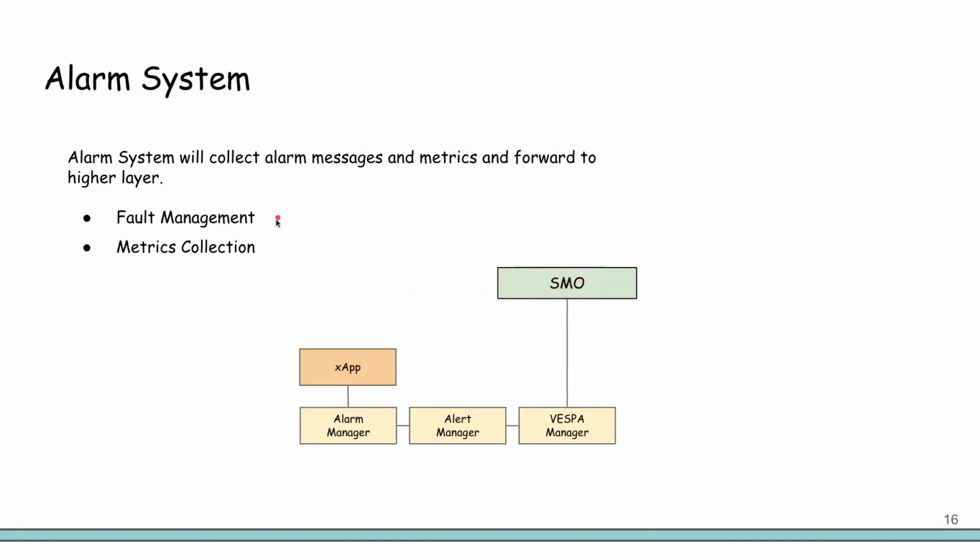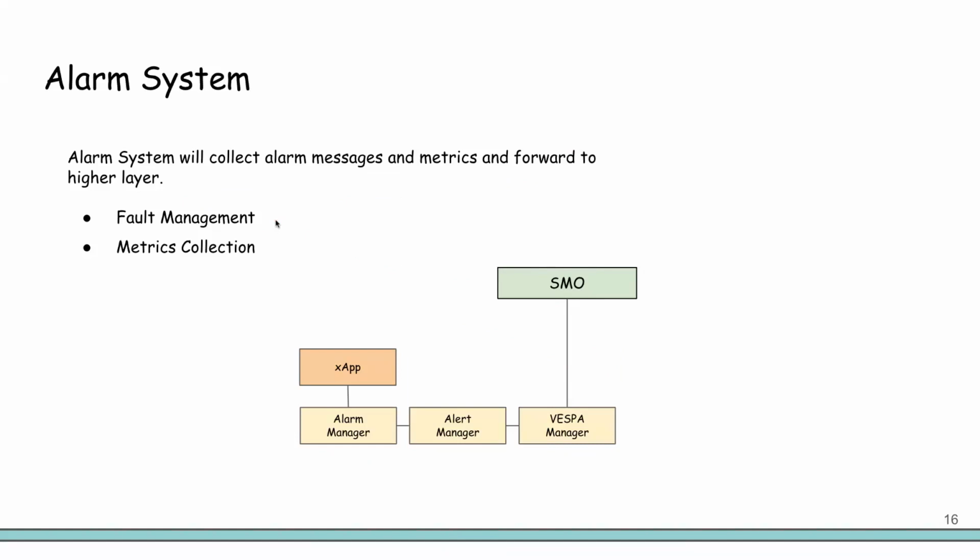The first function it provides is fault management, because if a layer goes wrong, it will raise a warning message or error message, and that needs to be collected and transmitted to the higher layer.